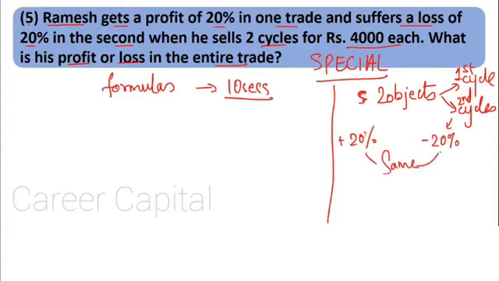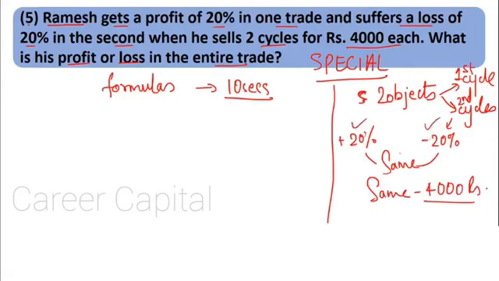Now another specialty about this sum is that the selling price for both the cycles is the same, that is 4,000 rupees. Both cycles are sold for 4,000 rupees. In one case he gets a profit of 20%, in the other case he gets a loss of 20%.